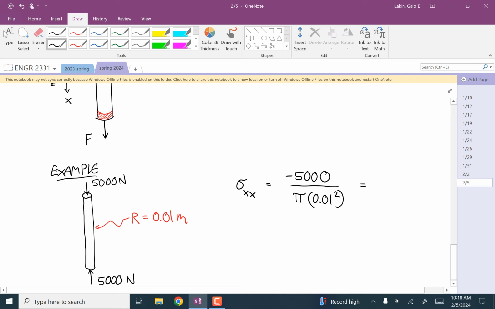And you get a value of negative 1.59 times 10 to the 7 pascals.